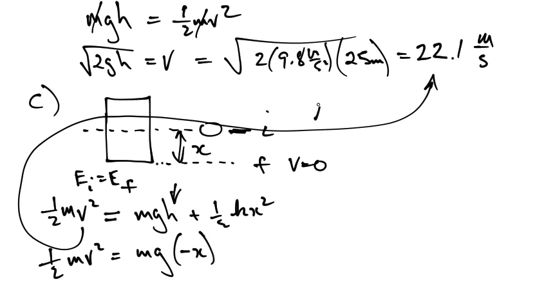Because you see, going up is positive, so this way is negative. So if that's 0 here, then going down, x would be a height of negative x. And we add now 1/2 k.